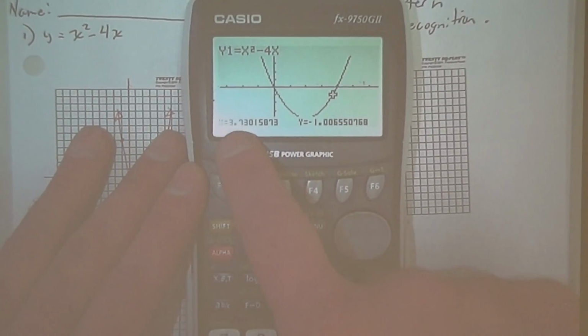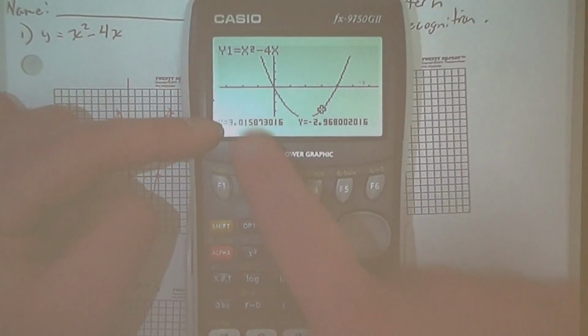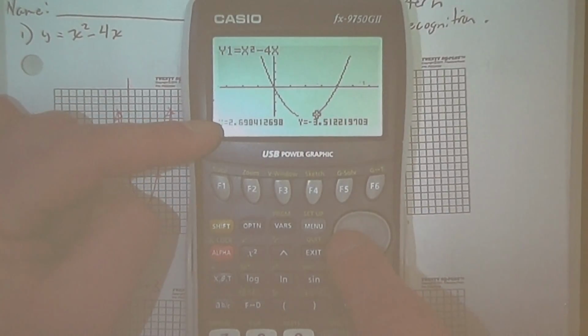1 and 3.7. 3 and negative 3. 2 for the x, and negative 4 for the y. And then back up over here.